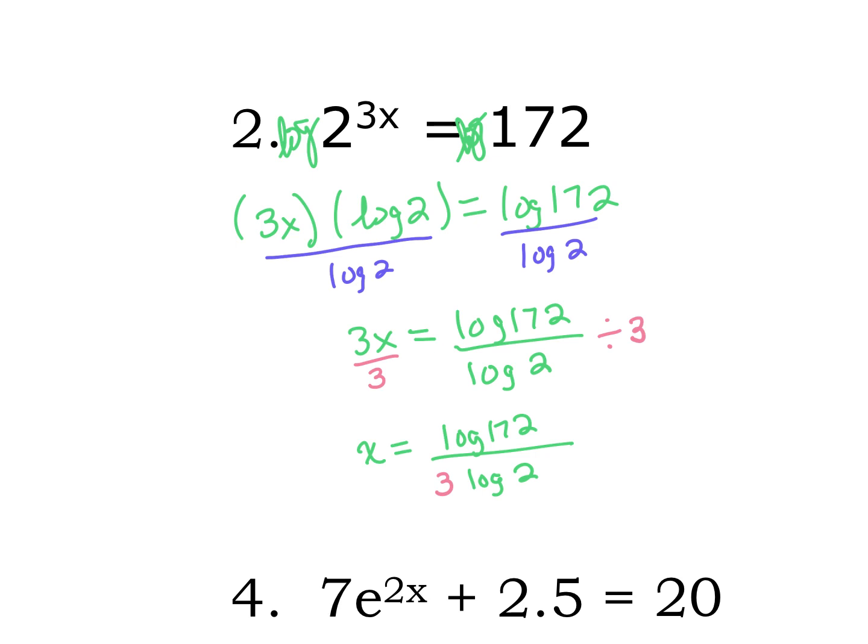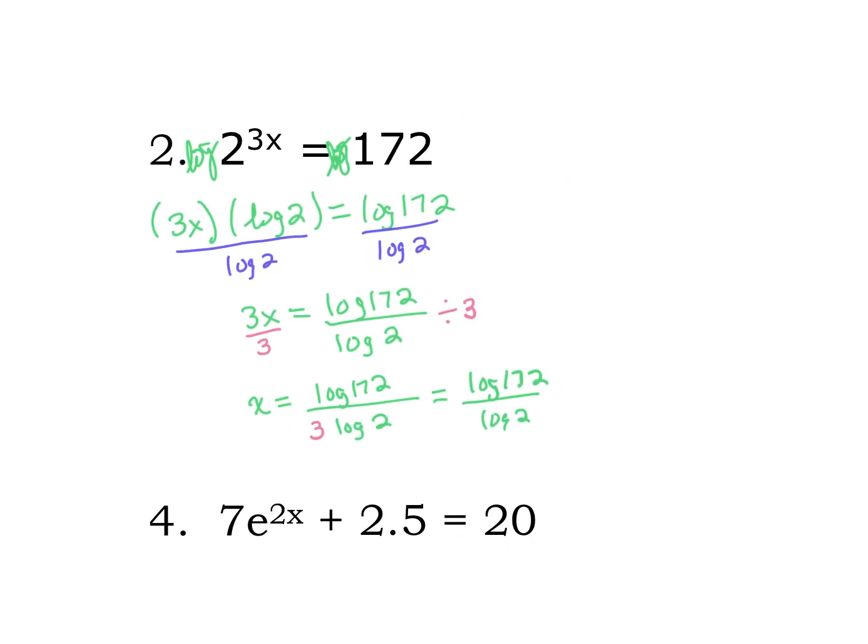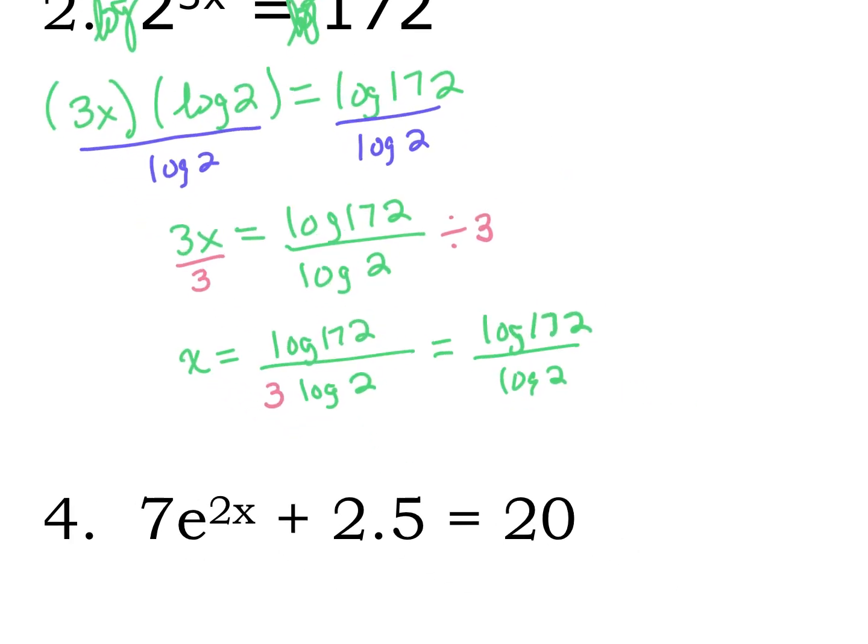The other way we could write that is the way I have it written right up above, and that is log of 172 divided by log 2, divided by 3. Now if we go back and look at what the final answer is as a decimal, the approximate answer I should say, we get 2.48.